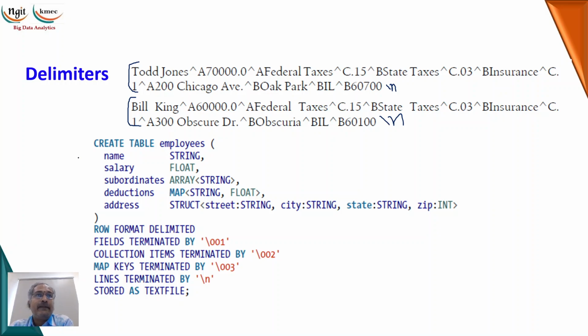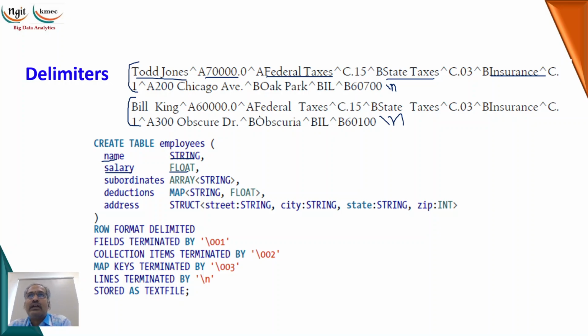Okay, and how can we create the table? Here there is that name first. Name is the string, obviously, and then second one is the salary, so salary float we can take, and then federal taxes, and then state taxes and insurance, a combination of these three will be there. Okay, that will be there.